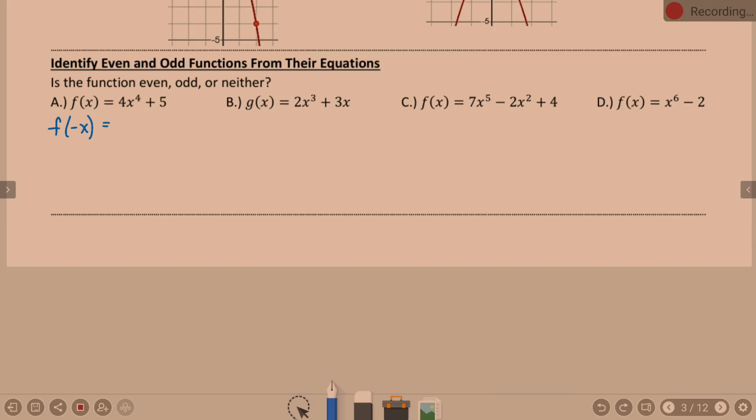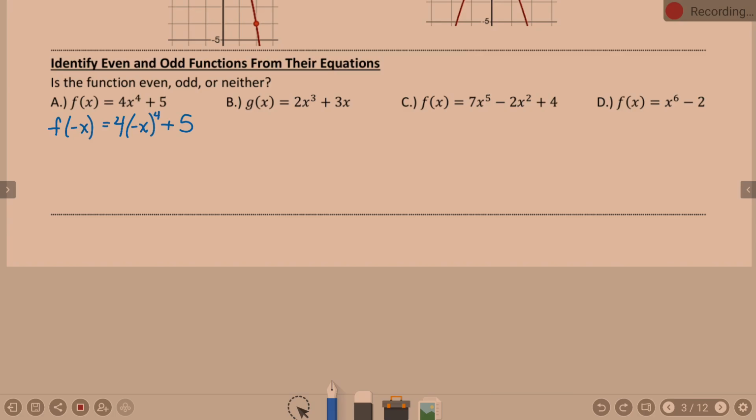To find f of negative x, every place we see x, I'm going to replace it with negative x. So 4 times x to the fourth, I'm going to write that as 4 times, parentheses, negative x to the fourth plus 5. Now, here's what you need to know.